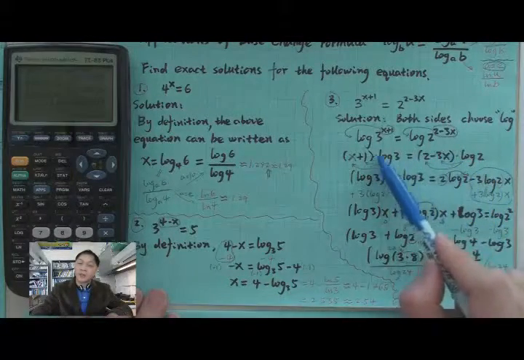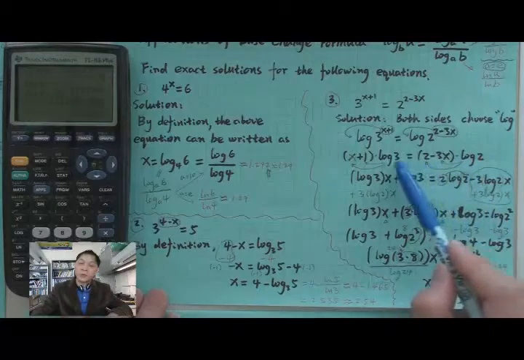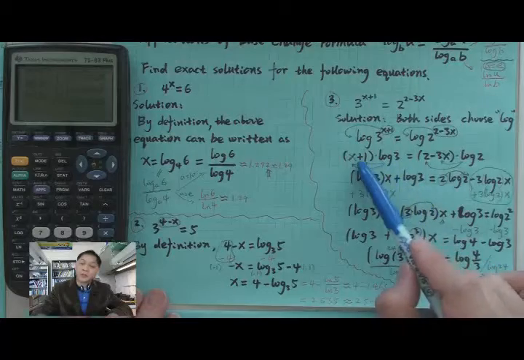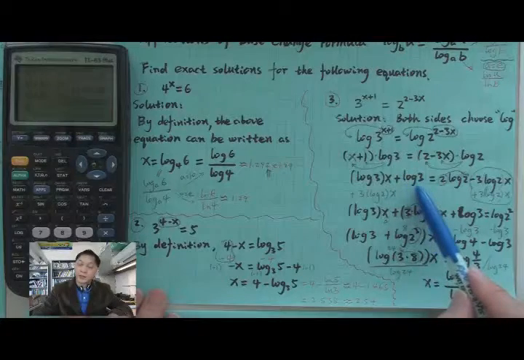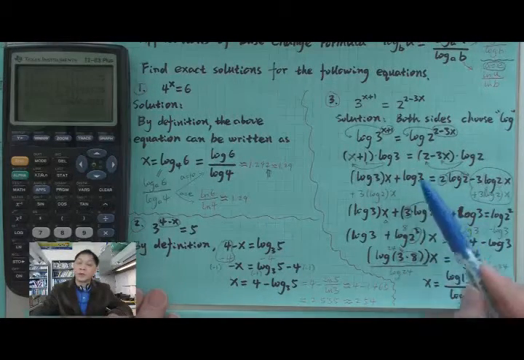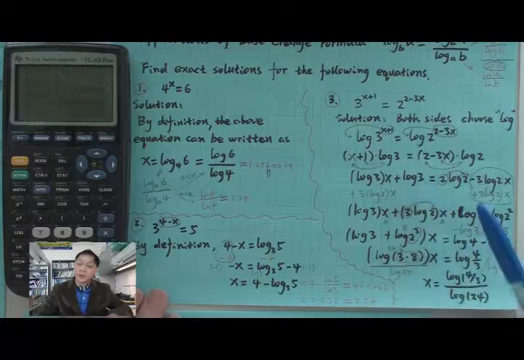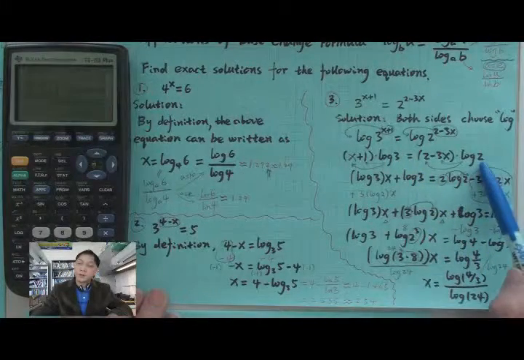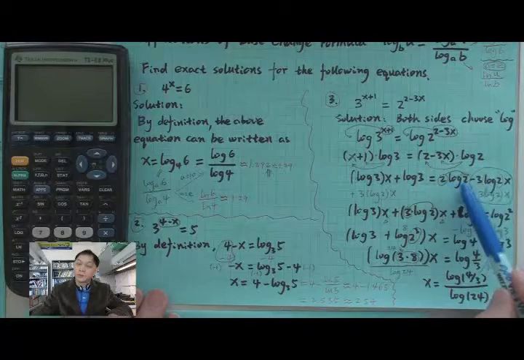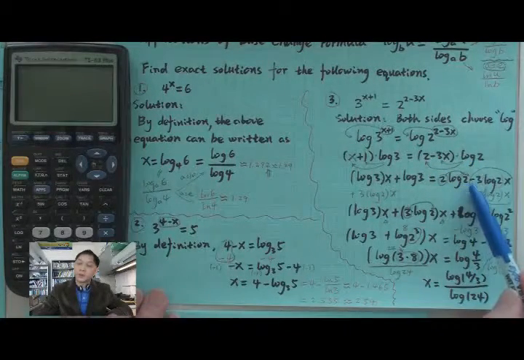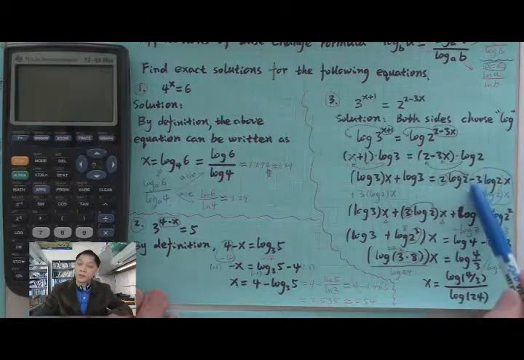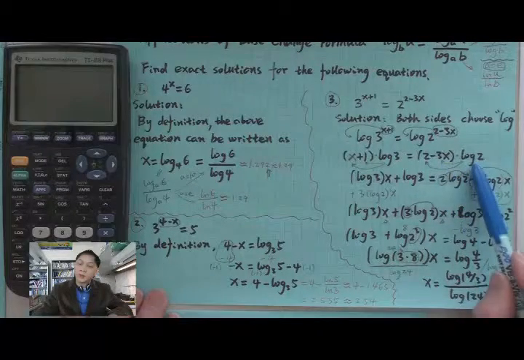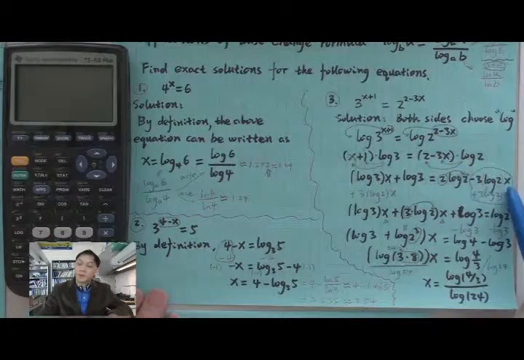Now, since these are multiplications, by using the distributive property, log 3 times x, and then log 3 times 1, which is log 3. 2 times log 2, that's 2 log 2. Negative 3x times log 2, that's negative 3 log 2 times x.